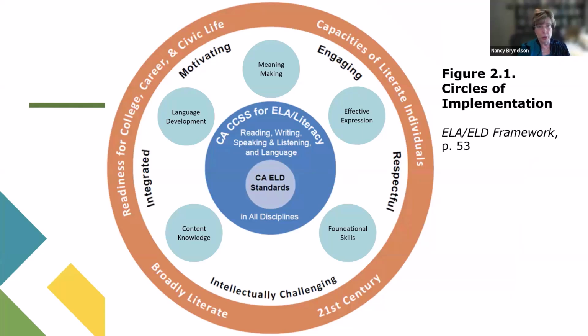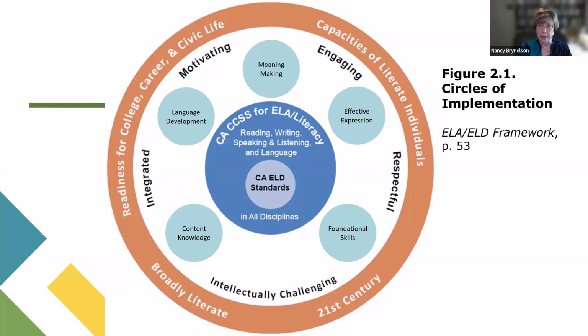Important features: that instruction is motivating, engaging, integrated, respectful, and intellectually challenging. At the heart of this enterprise are the two sets of standards, and you can see across reading, writing, speaking, and listening, and language in all disciplines. We have ELA literacy and ELD standards.